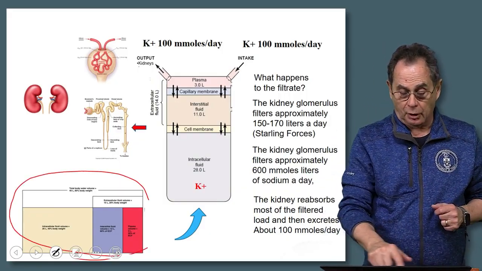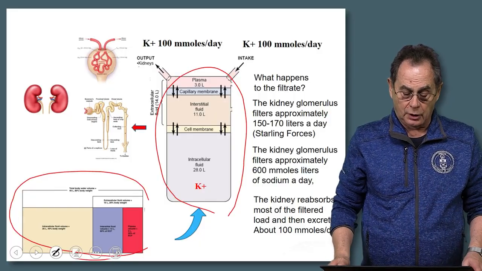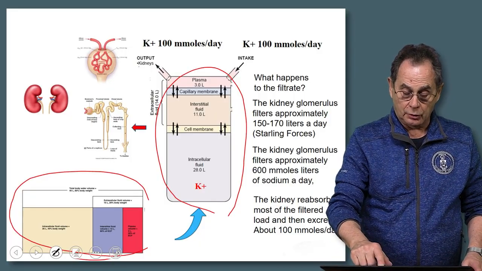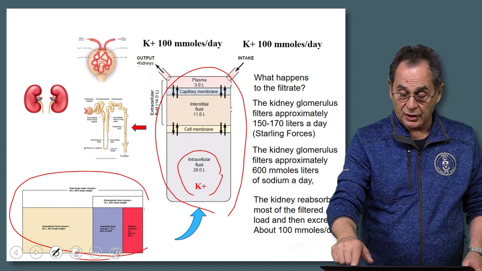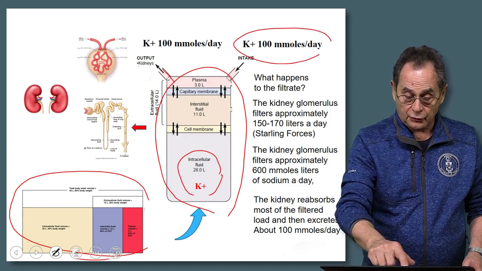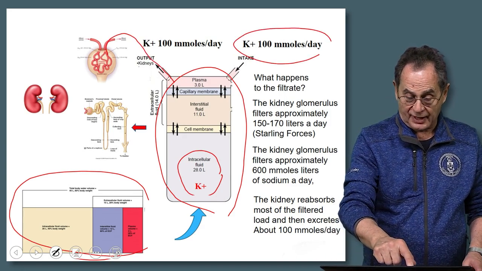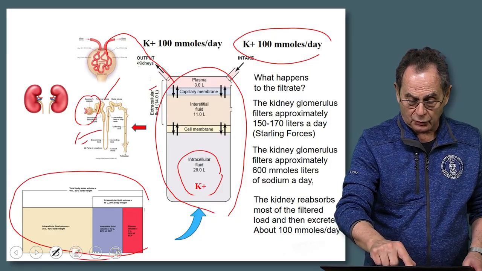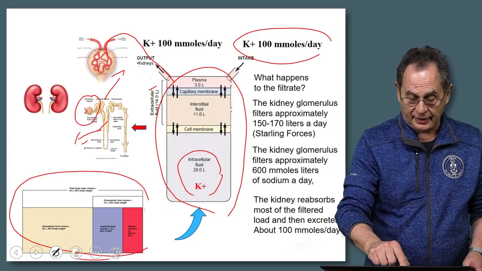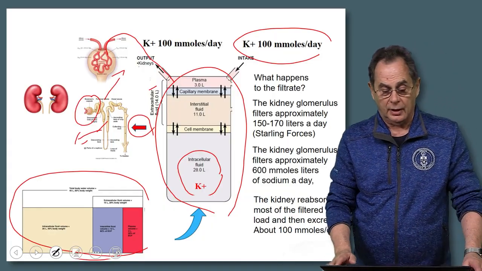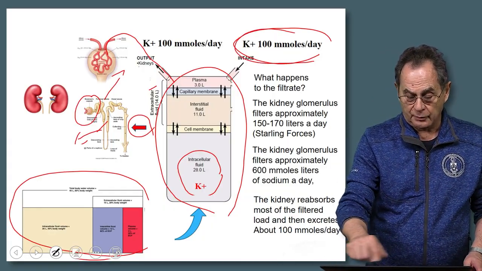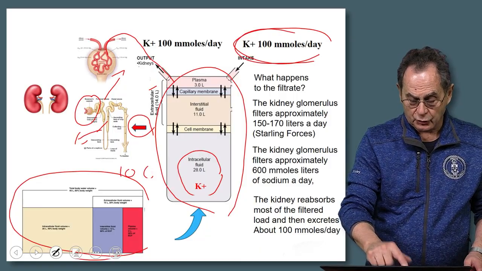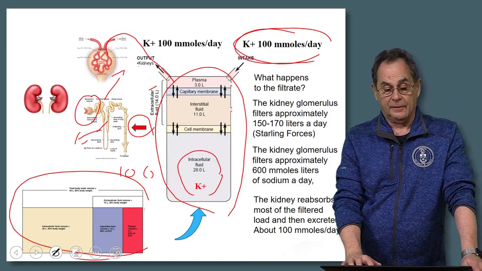Our fluid compartments, our inverted beaker, potassium sitting in the cells, potassium intake, the delivery of water and potassium to the nephron, filtration, reabsorption in the proximal tubule and the thick ascending limb, and then secretion, allowing that 100 milliosmoles to be excreted by the kidney at the end of the day.